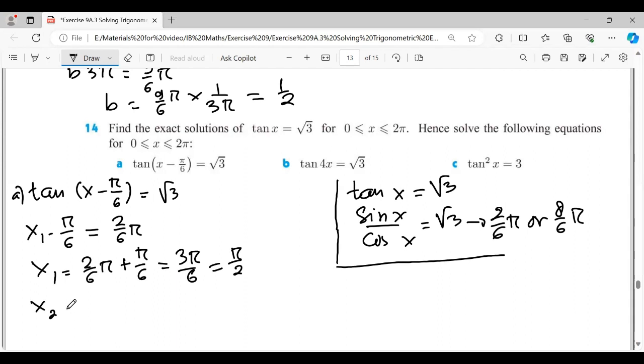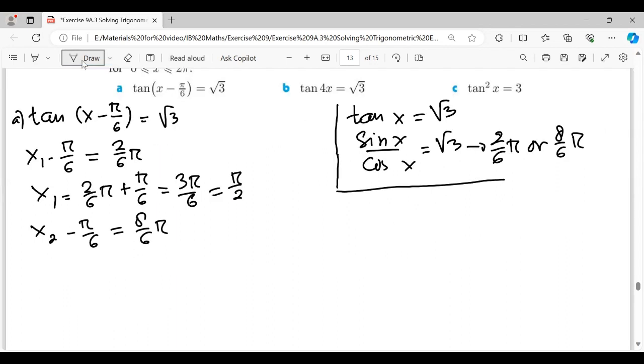X2 minus pi over 6, this one, 8 over 6 pi. I'm going to scroll down. So it means x2 equals 8 over 6 pi plus pi over 6.